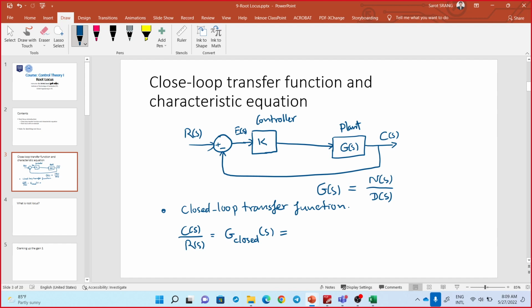You still remember it from the exercise in the previous lecture. So the closed loop transfer function takes this form.